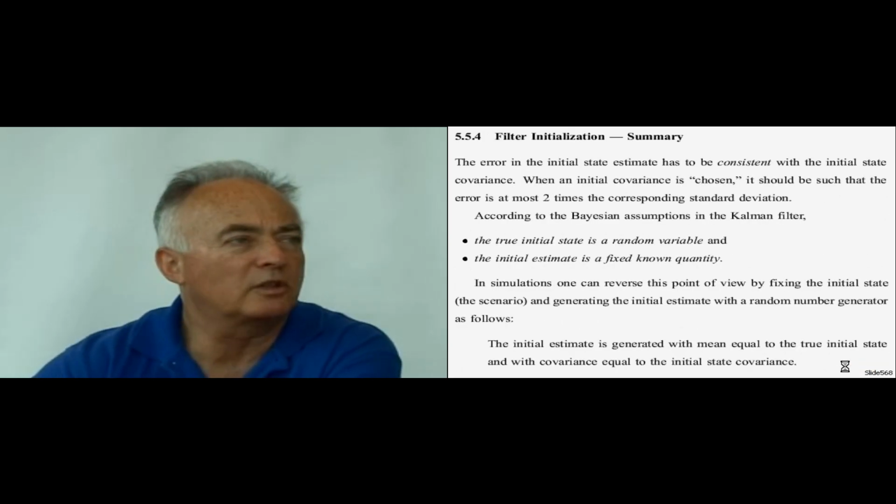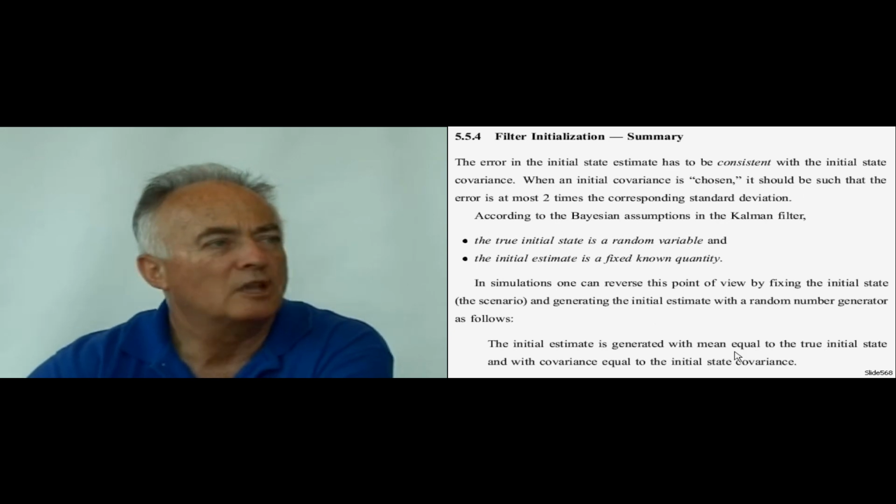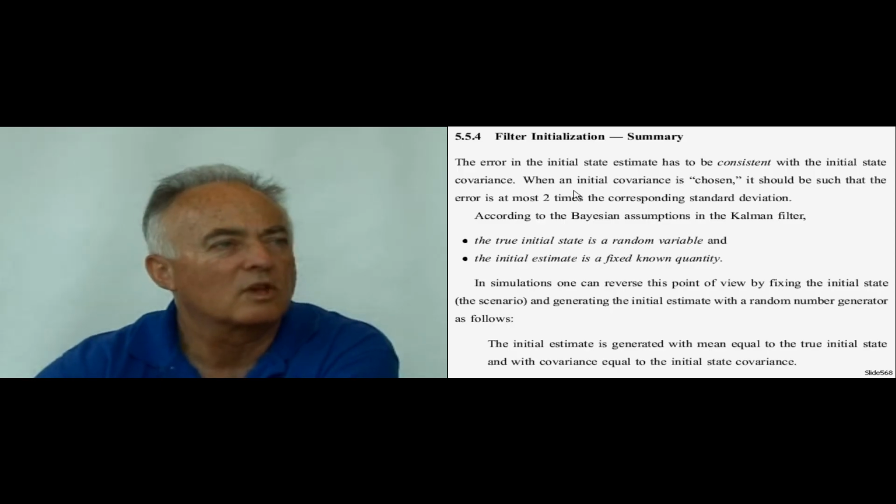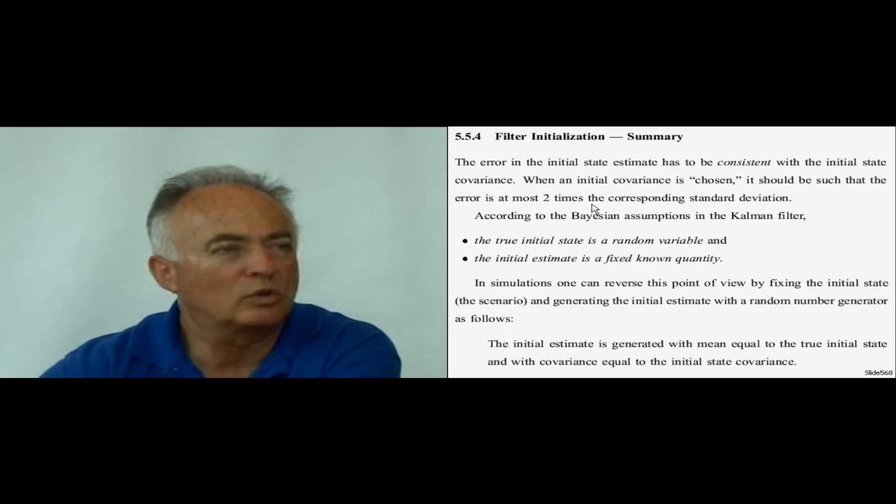To summarize filter initialization, the error in the initial state estimate has to be consistent with the initial state covariance. And when we choose an initial covariance, it should be such that the error is at most twice the corresponding standard deviation.